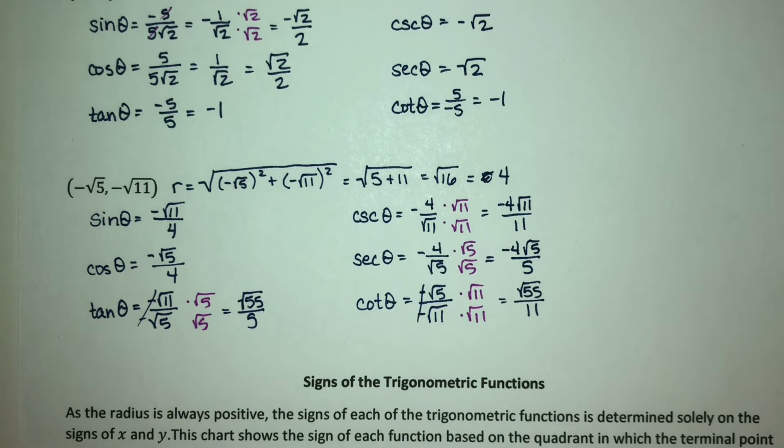Okay, so now that we have a relationship between x and y and the radius, and you know the radius is always going to be positive, so that doesn't really change the sign of your trig function.